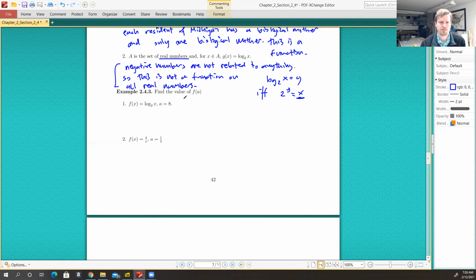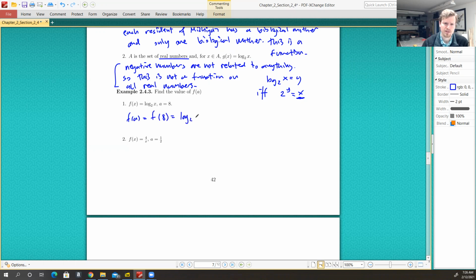All right, so let's find the value of f of a. In this case, we're just trying to make sure that we understand the notation and what the notation is saying. So here, f of a is the image of a under f. That's the language of this class. What we're doing is exactly the same thing that you've done before. f of a is f of, well, a is 8. No big deal.